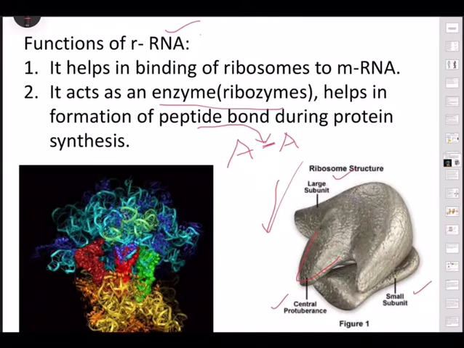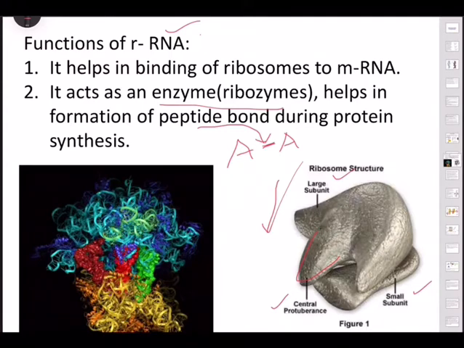RNA being a catalyst was reactive and hence unstable. This is an unstable compound. So DNA has evolved from RNA with chemical modifications that make it more stable. DNA being double-stranded and having a complementary strand further resists changes by evolving a process of repair.